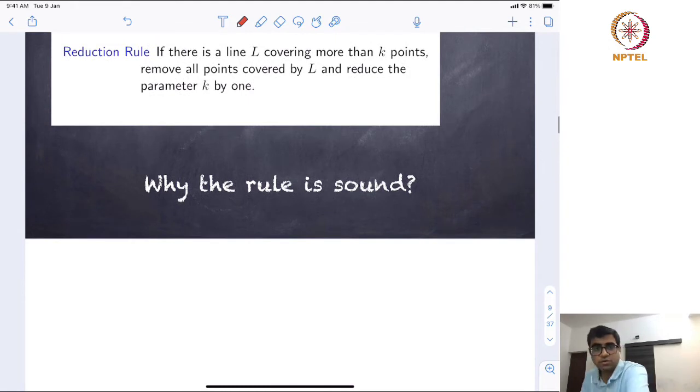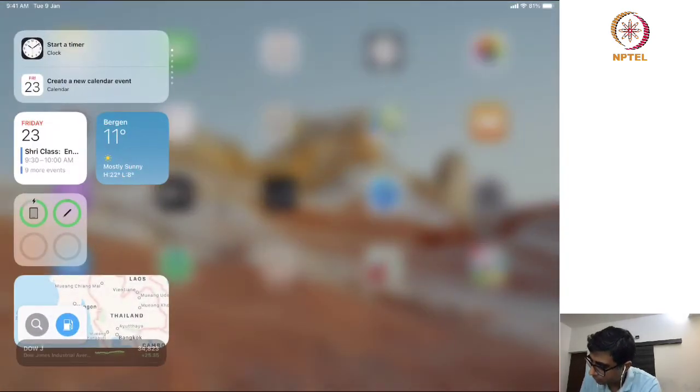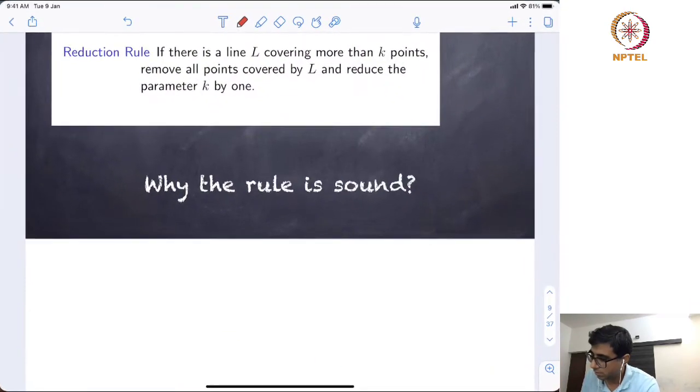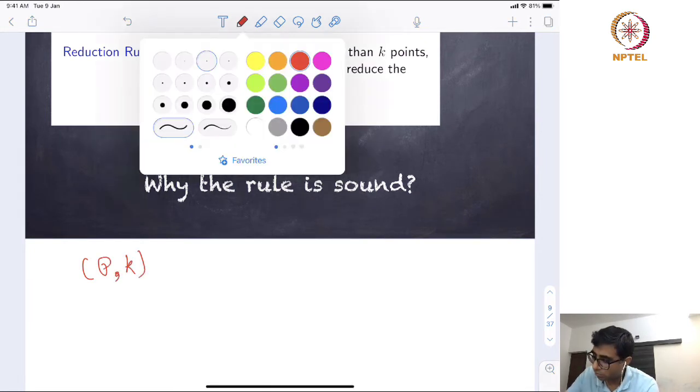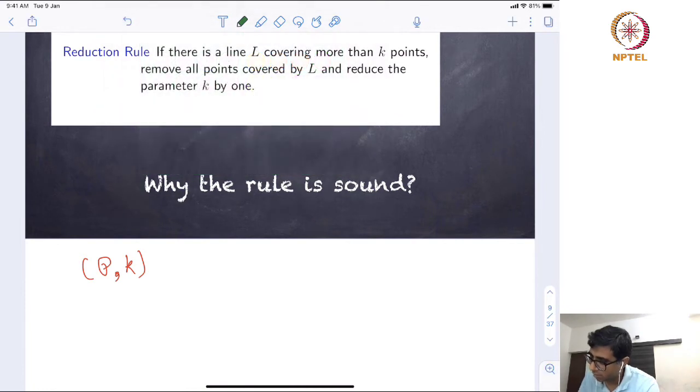So the reduction rule is this: if there is a line covering more than k points. Suppose my instance was this set of points P and the parameter k. Suppose there is a line L which covers more than k points, say k plus 1 points.